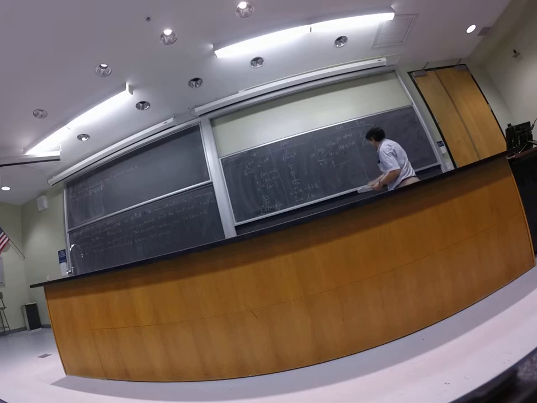I don't have these in my posted notes, but I'm adding them. e to the minus at times sine of omega t has Laplace transform omega over s plus a squared plus omega squared, and e to the minus at cosine omega t is s plus a over the same denominator.